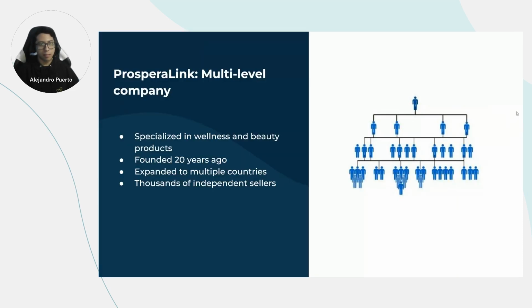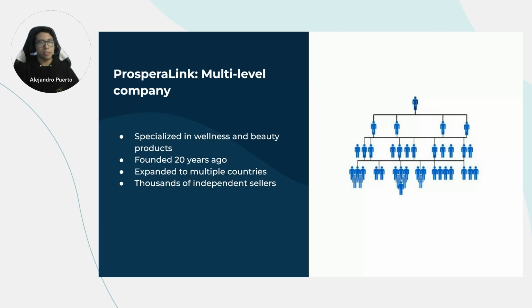Prospera Link is a multi-level company specializing in wellness and beauty products. It was founded 20 years ago and has grown significantly, expanding to multiple countries and boasting thousands of independent sellers. However, with growth have come challenges. Senior management struggles to understand the complex structure of their seller network, identify emerging leaders, and optimize sales strategies.